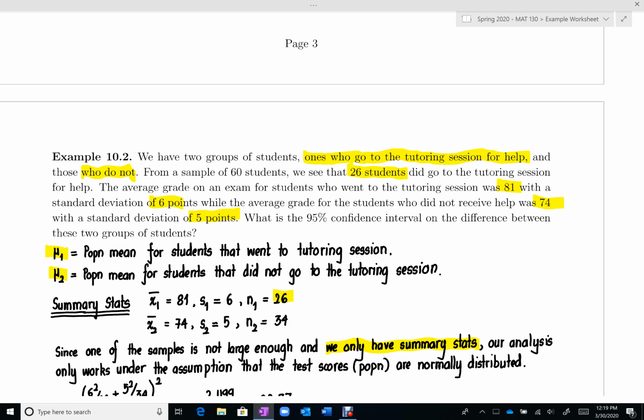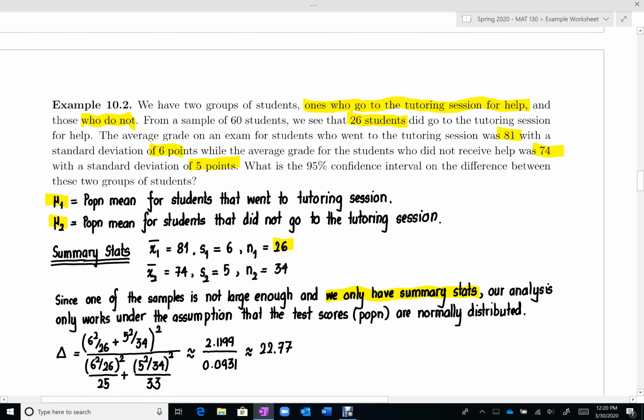But since we have only summary stats, the third assumption, that we have a normal population or a large sample, is not satisfied. So the only way our analysis is going to work is under the assumption that the test scores for the entire population are normally distributed. Right, so that's going to be our assumption here.